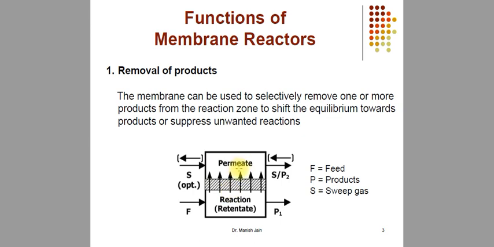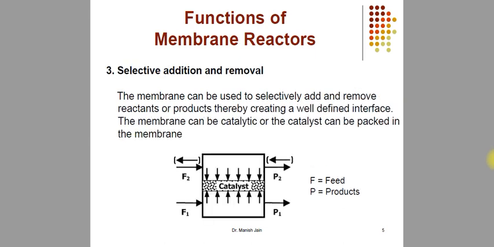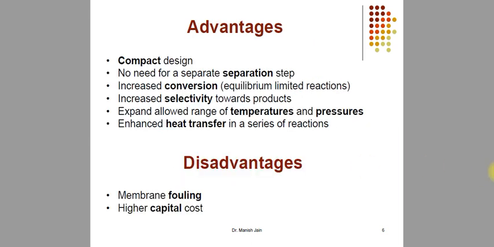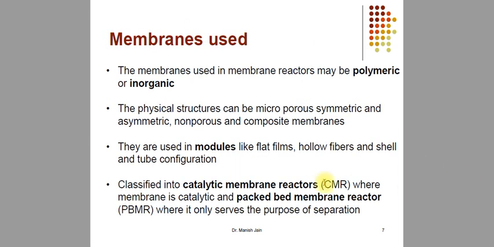That type of membrane reactor is called the packed bed membrane reactor. And when you have this type of configuration where the membrane itself is coated with the catalyst or membrane pores are filled with the catalyst, that type of membrane reactor is called the catalytic membrane reactor.